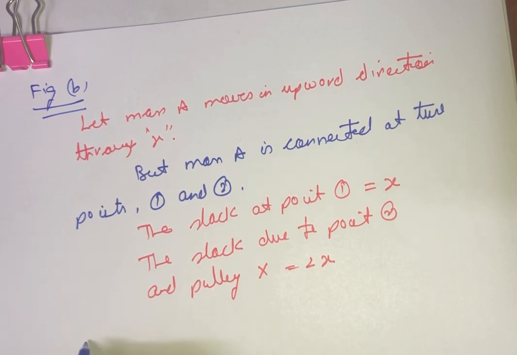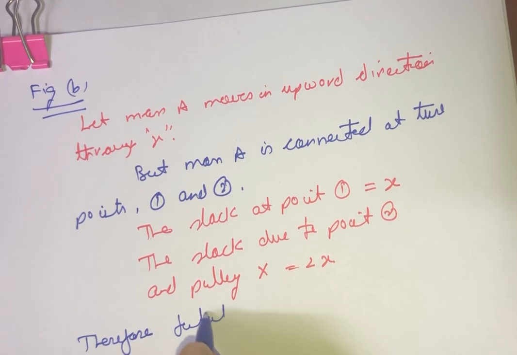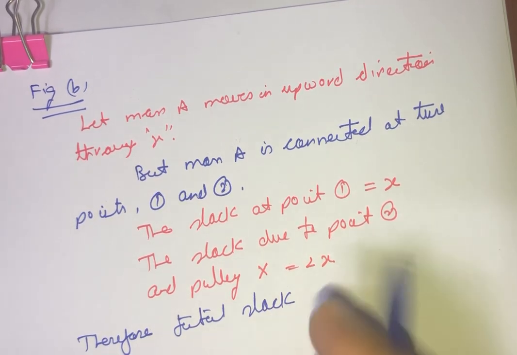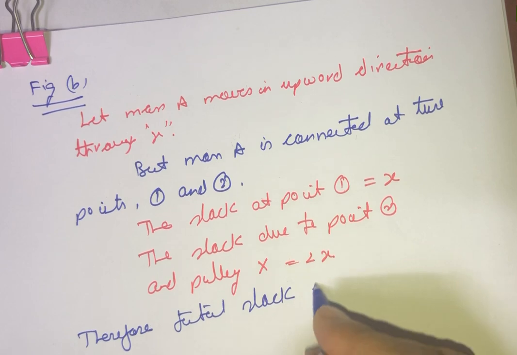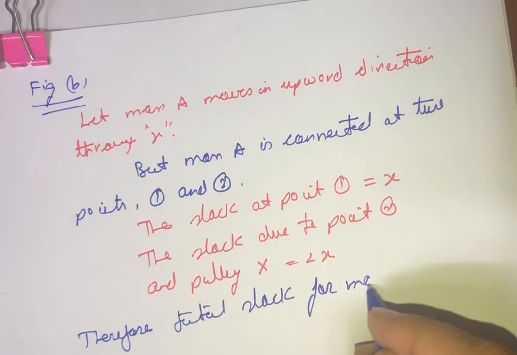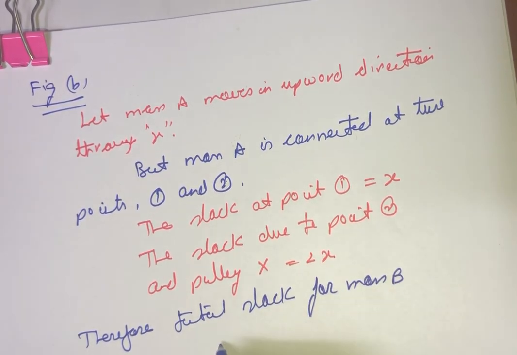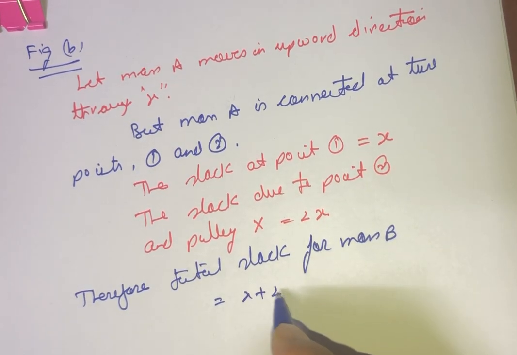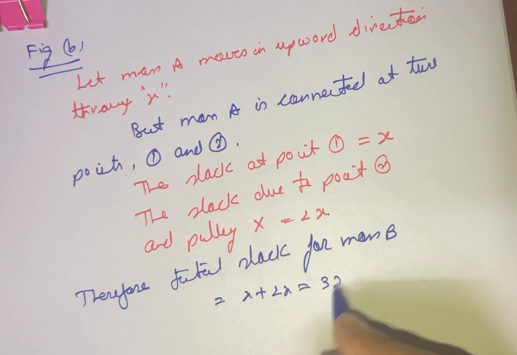Therefore, the total slack for mass B will be equal to x plus 2x, that is equal to 3x.